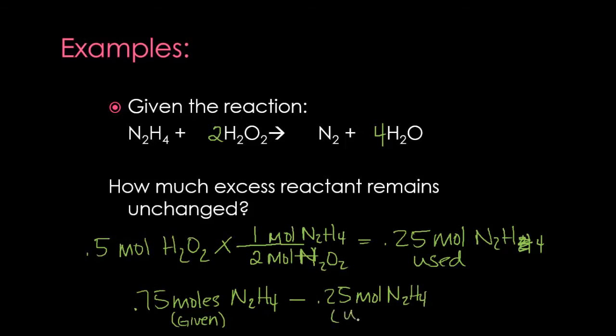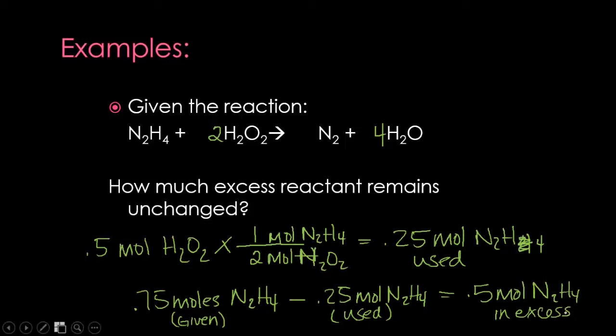This is what was used up, which I just calculated. So that means I have 0.5 moles of N2H4 in excess. That's how much I would not have used in this reaction, so how much would have been left unchanged.